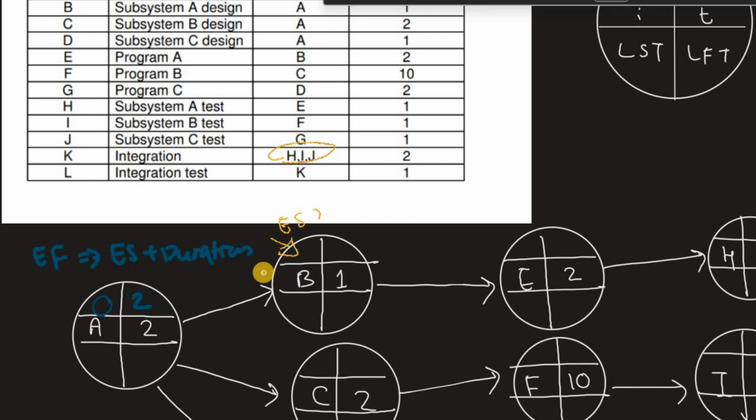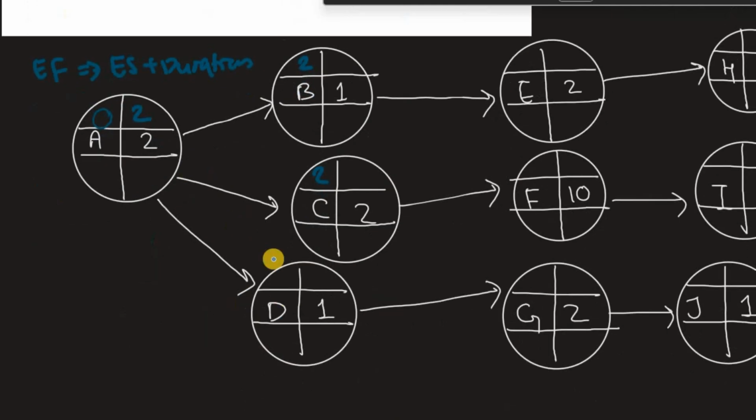You just need to remember this and you should be good. So let's put 2 over here, and for the earliest start of the others, it depends on the earliest finish of the last activity, so 2 again here, and 2 again here.